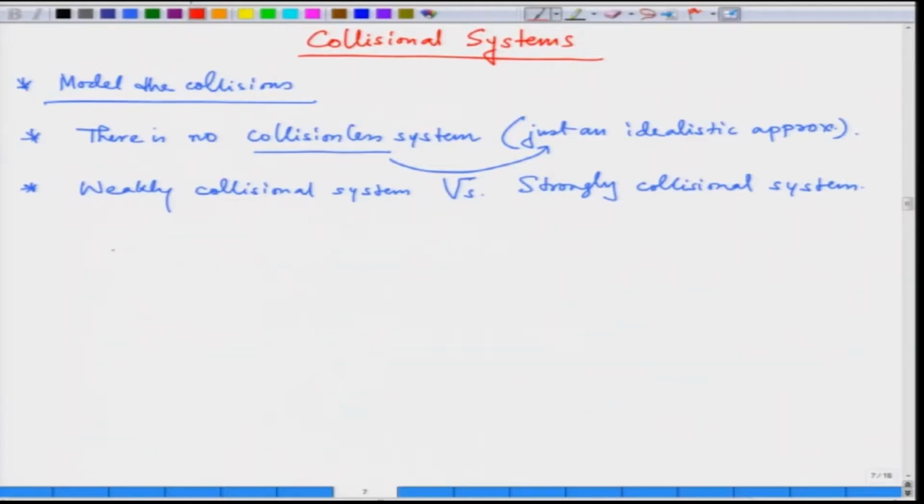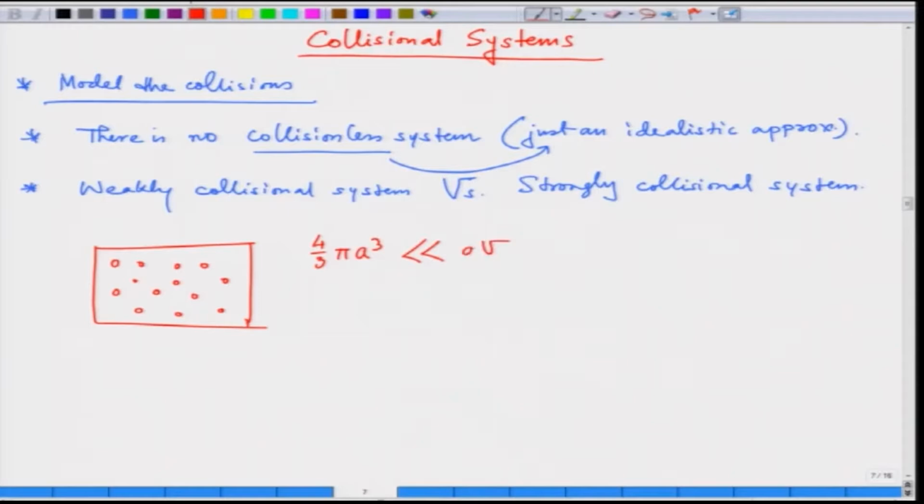Let us take for example a dilute gas type of system where the gas molecules are very distant from one another. For such a system you can easily understand that the effective volume of one particle, which is nothing but 4/3 pi a cube, where a is the radius of one particle, will be much less than the available space for the particle.